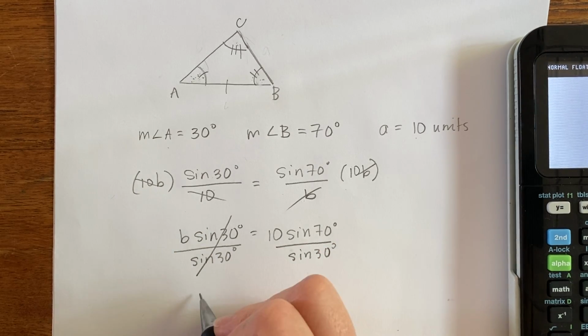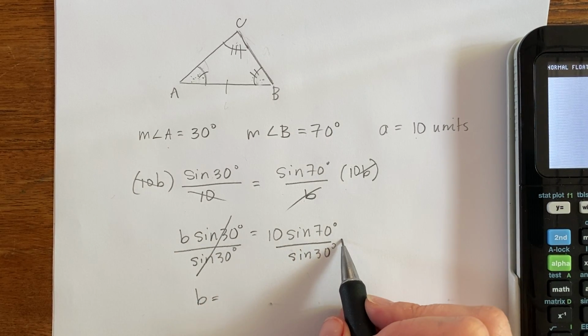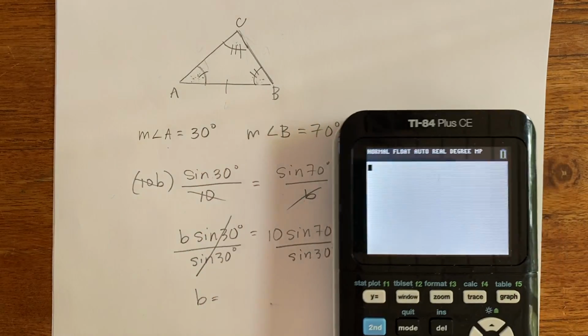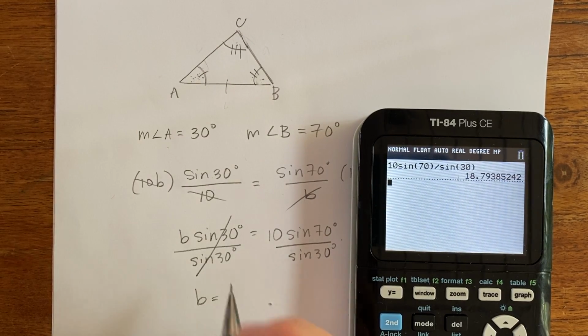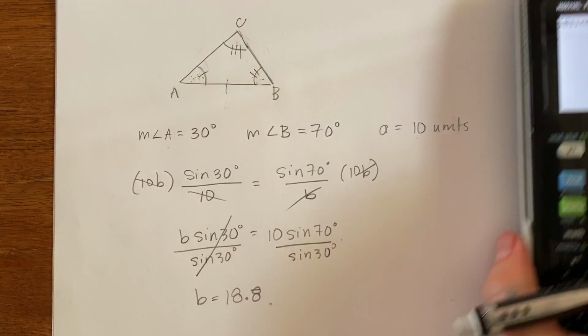And those cancel out, and I get B is equal to this number. So then I go to my calculator. So I'm not working with any rounded numbers, and I go 10 sine 70, close that parenthesis, divided by the sine of 30, close parenthesis, and I get B is 18, let's round that up, 18.8 units.